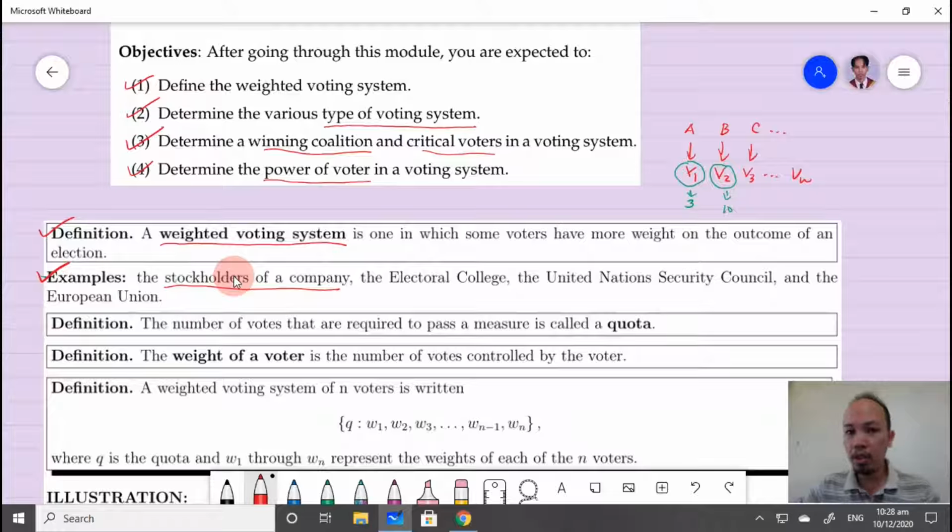For example, if there is a company, say Jollibee, where you can buy stocks, that company has many owners. The owners of that company are what we call the stockholders.